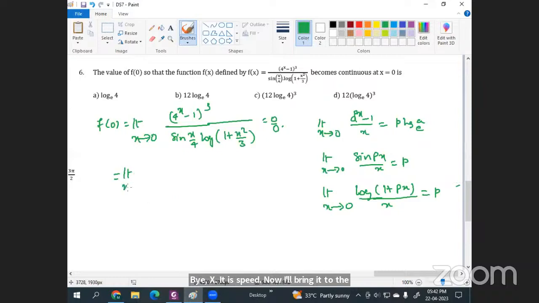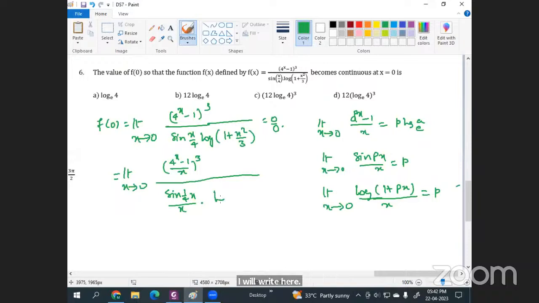So limit x tends to 0, I'll write in standard form 4 power x minus 1 by x whole cube. I have written x cube extra, so that x cube I will write here. Sine x by x and log of 1 plus 1 by 3 x square by x square. Now x is there, but here x square I have taken. x into x square, x cube, that will get cancelled.